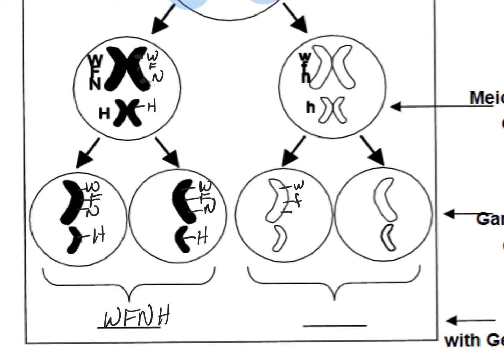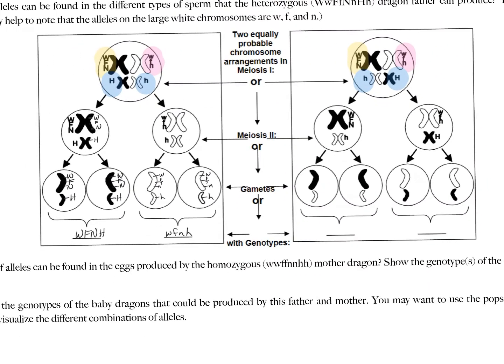Again, all of them are moving together. So now you have your combination. If little h goes here and big H goes here, all the dominant phenotype-producing genes come together, and all the recessive phenotype-producing genes end up in the other cell. Then you're going to have these two gametes that are possible.